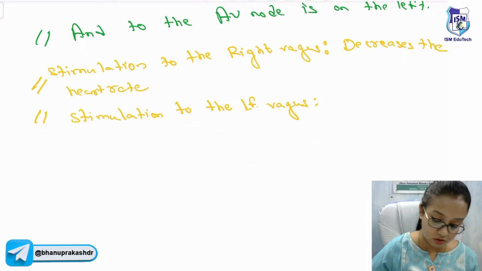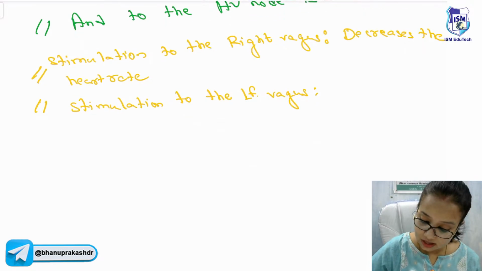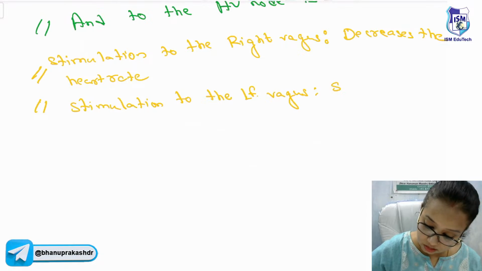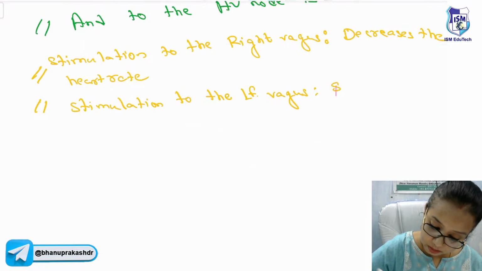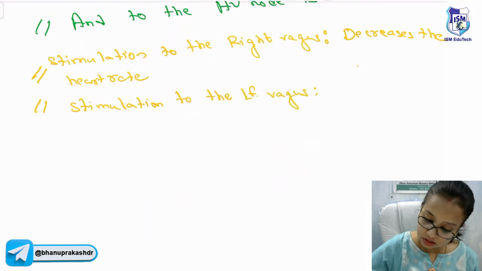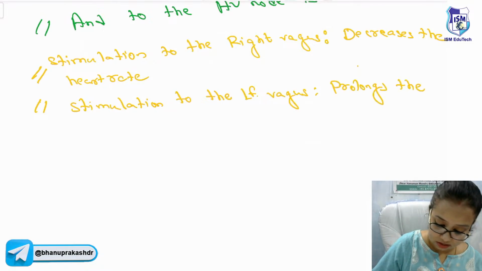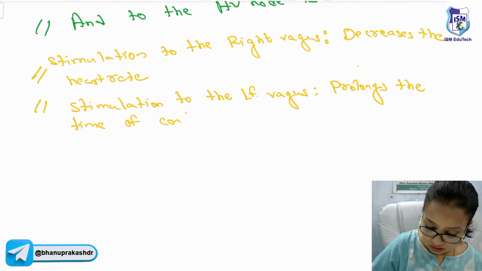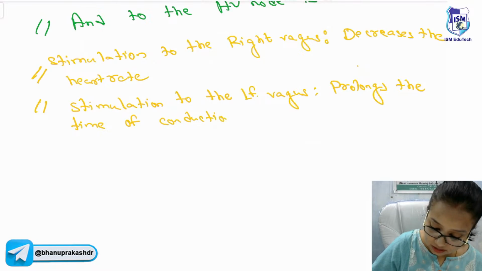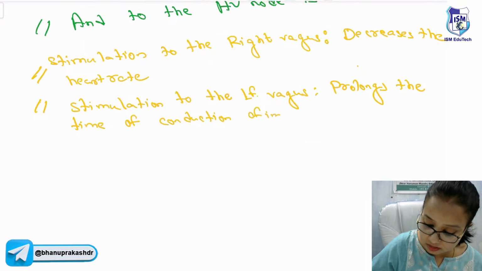So stimulation to the left vagus prolongs the time of conduction of impulse.